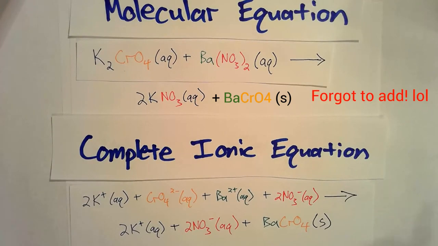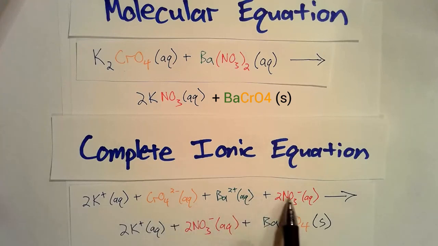Now that that's done, we're pretty much ready to go, and it's easy enough to see which ones are the spectator ions now. To get the net ionic equation, we just cancel out all of our spectator ions.